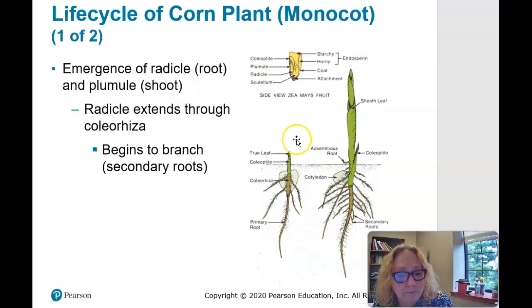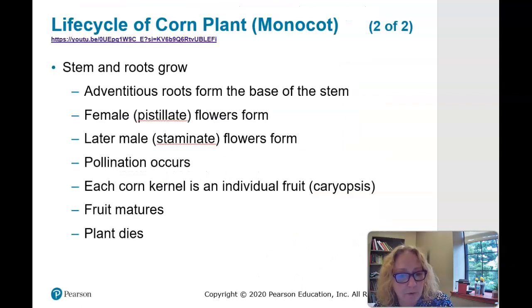The emergence of the radicle, which basically is the beginning of the root. So here's the root that's going to start coming out. This is where it's going to come out from. You're going to get a radicle here, and it's going to extend through this bottom part of the seed, and it's going to begin to branch some secondary roots. So in a monocot, your cotyledon sort of stays down here in this beginning, but you are going to start to see your radicle extend through.